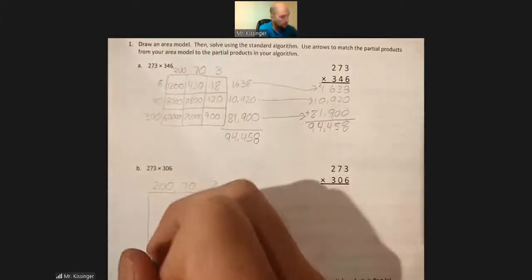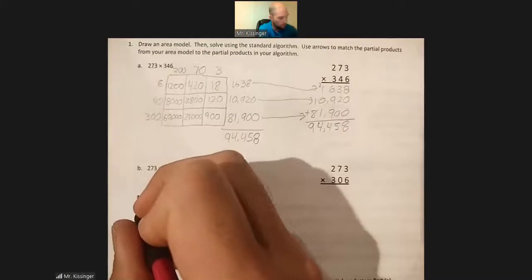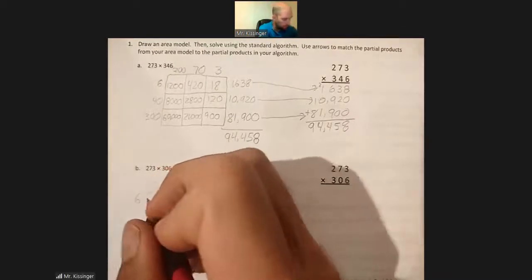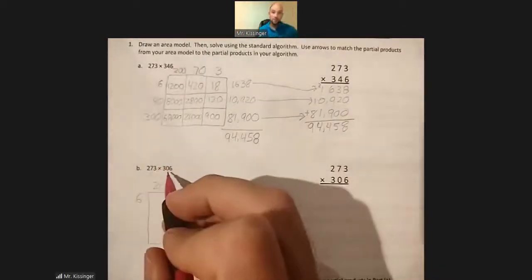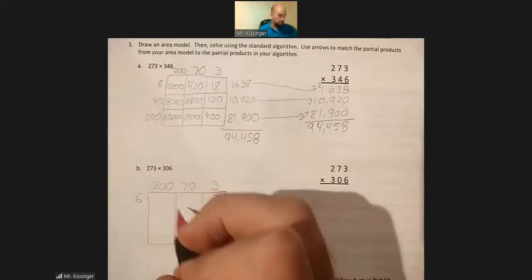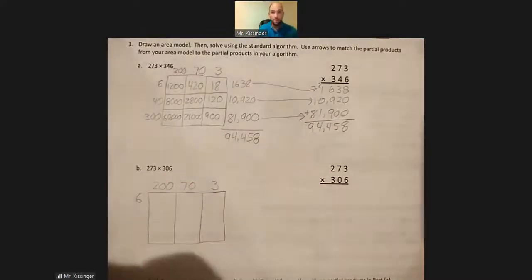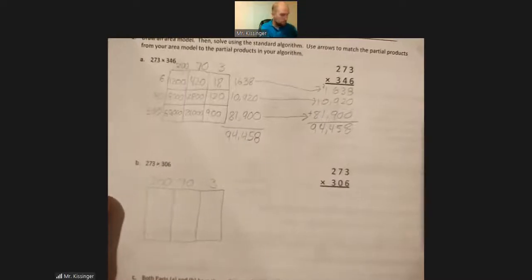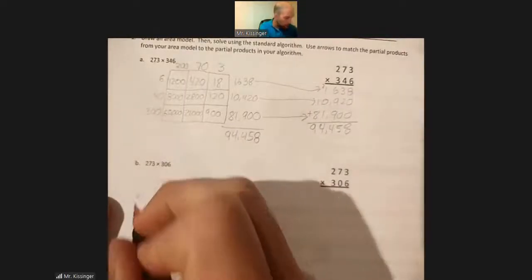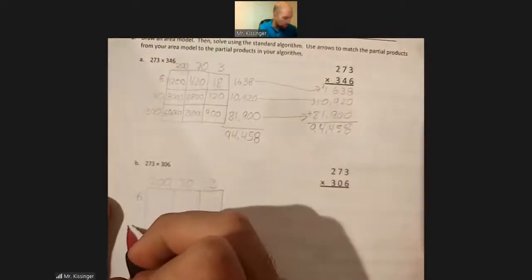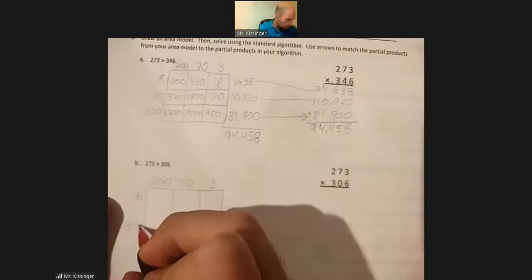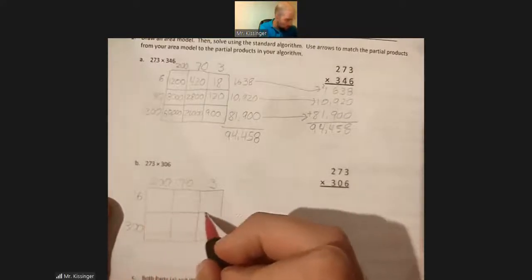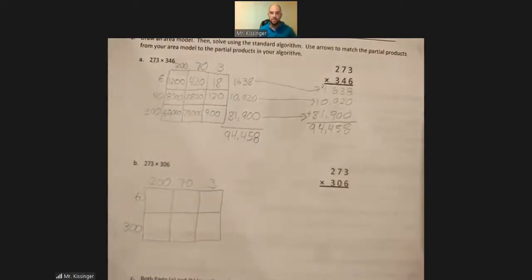On this side, we have 6. And then we have a 0, so we don't need to put that in. If you multiply anything by 0, you'll get 0. So we're going to skip tens place. And we just put 300. So it's going to look just like that.